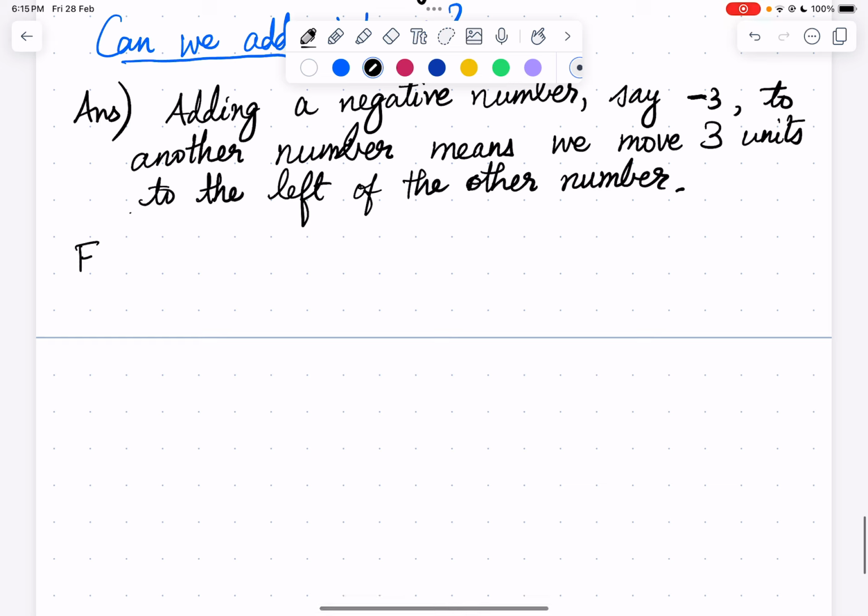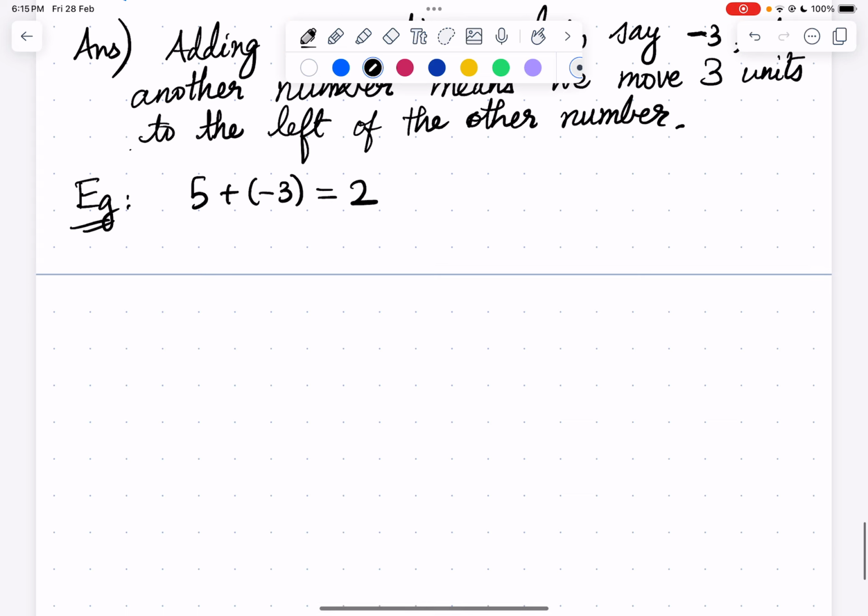Example, 5 plus minus 3 equals 2. We move 3 units to the left, and we get 2. So 5 plus minus 3 is 2.